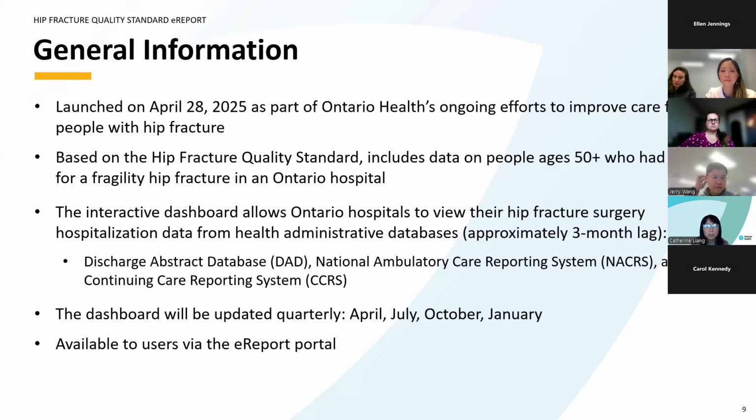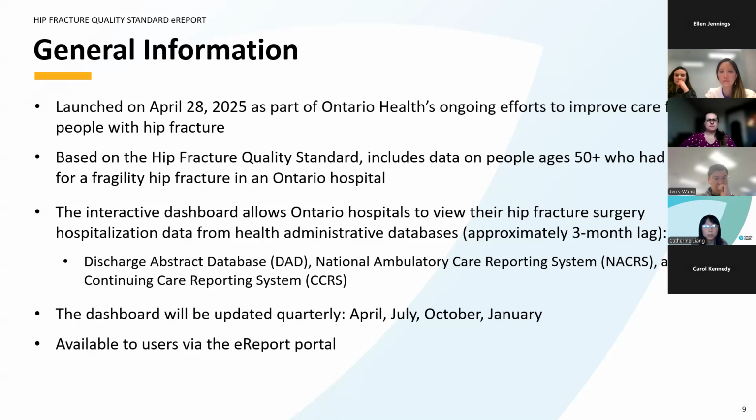And the data sources come from health administrative databases below. So there's the Discharge Abstract Database, which includes data on inpatient hospitalizations, which is where we draw most of the report's data from. We also have indicators that use the National Ambulatory Care Reporting System, which has outpatient data.